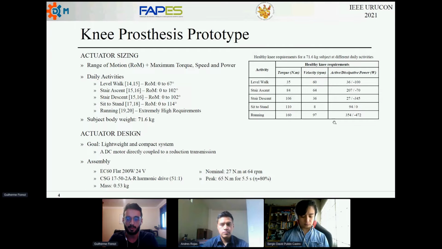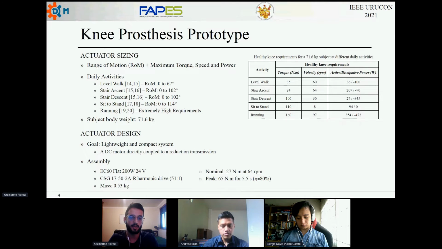To get these values, we used an average subject from Brazil, which weighs approximately 72 kilograms. We can see that for running, we have extremely high requirements for torque and power. So we dropped it as a goal to rehabilitate this activity. We only considered the other four.